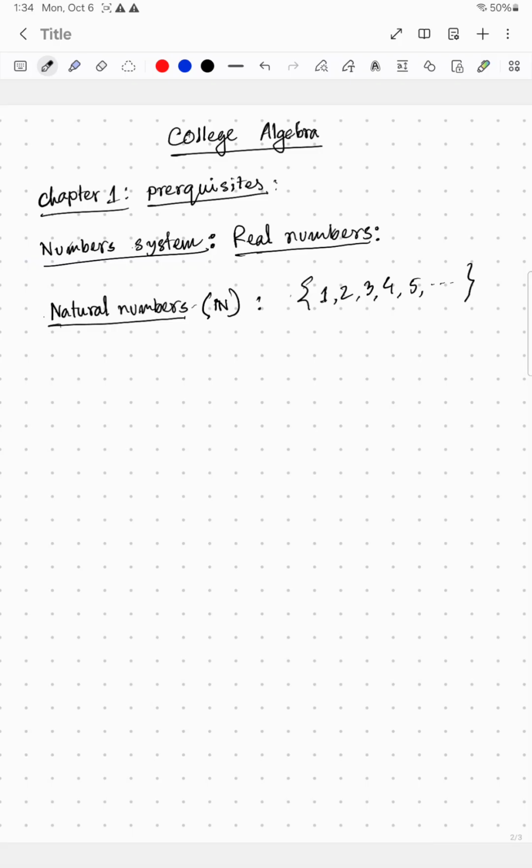Then a bigger number set of this natural number is called whole numbers. The whole numbers are the same as natural numbers, but it just has 0 in it. Alright, so we start from 0 1 2 3 4 5 and so on.